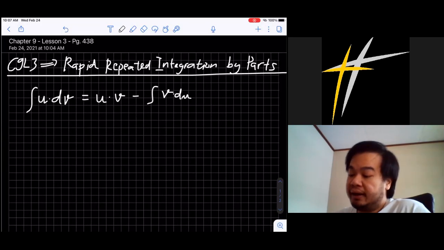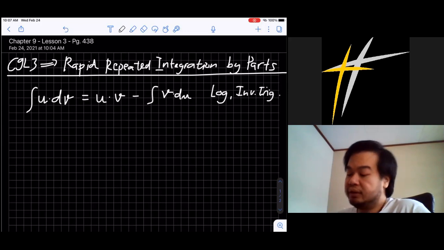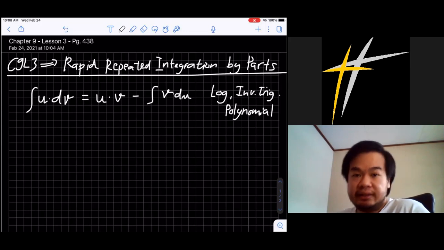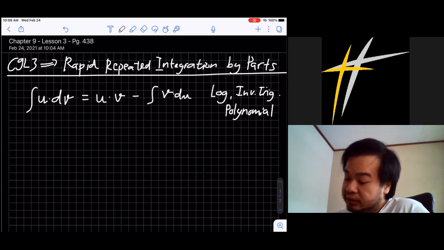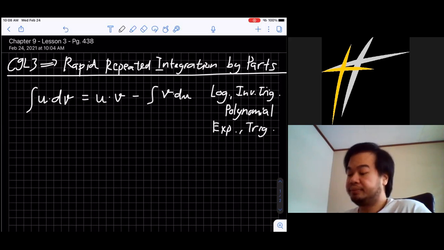Remember the table, the guidance to determine the u and dv. The highest level is a logarithmic function and inverse trigonometric function, and then the second level is polynomial, and the lowest is exponential function or trigonometric function.